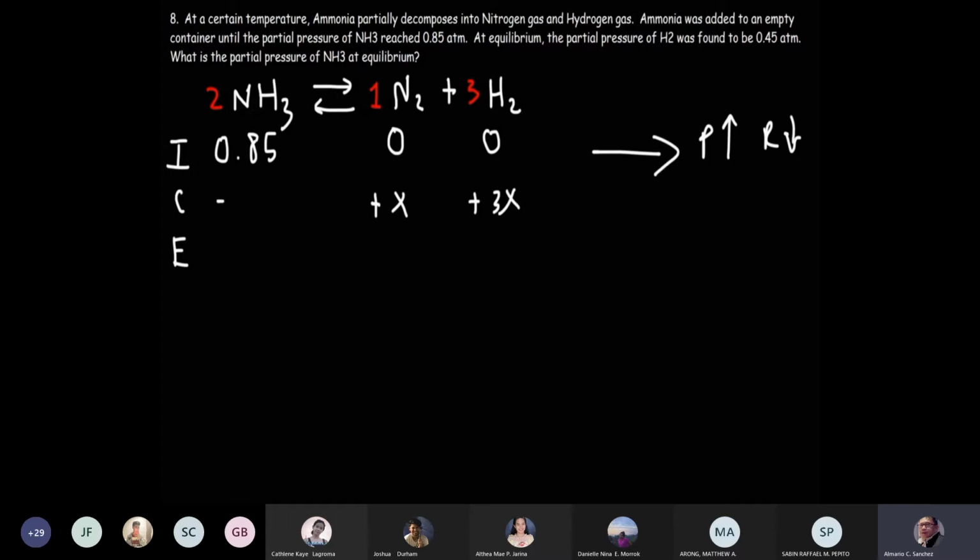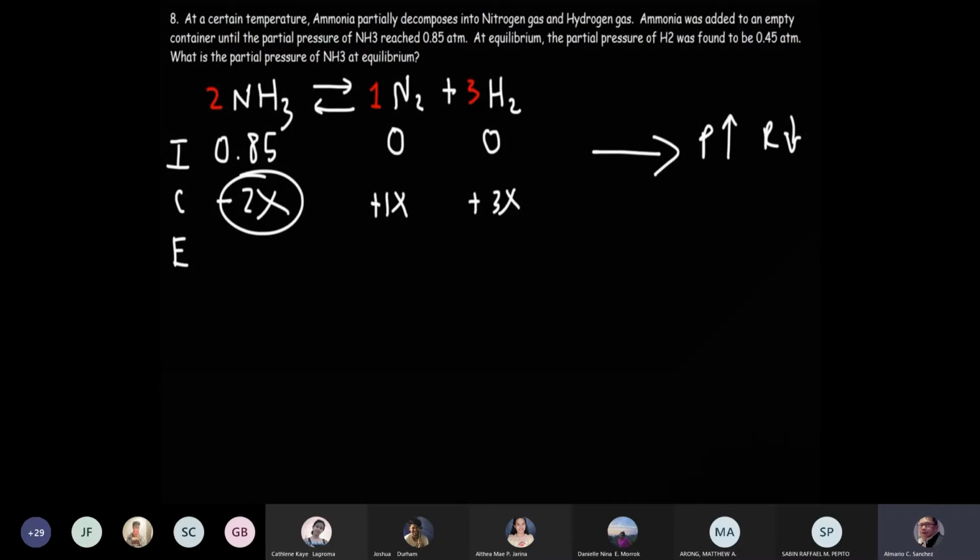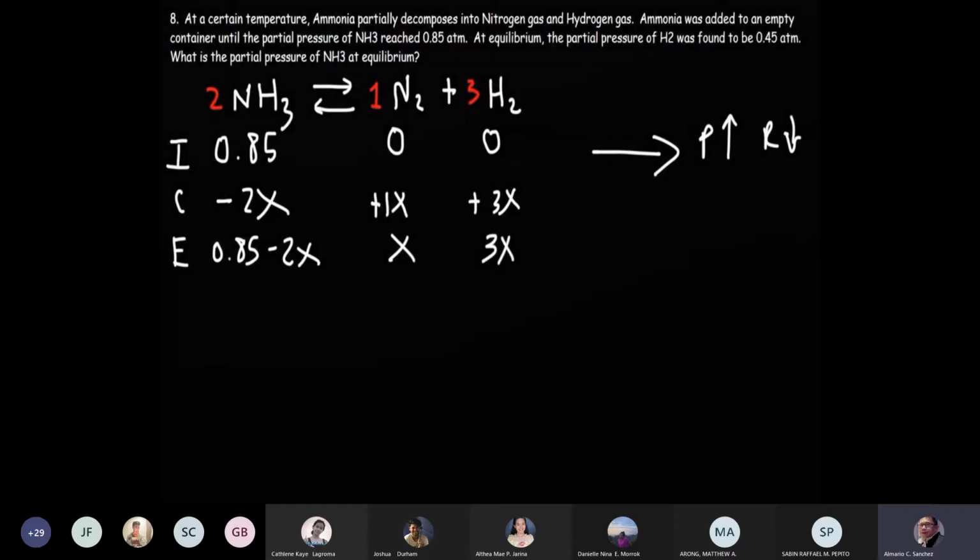So we're going to have a negative sign for the change. This is going to be negative 2x. So we have negative 2x, 1x, 3x, based on a molar ratio of 2:1:3. Now let's add the first two rows. So at equilibrium, the partial pressure of NH3 is going to be 0.85 minus 2x. For N2, it's going to be x. For H2, it's going to be 3x.